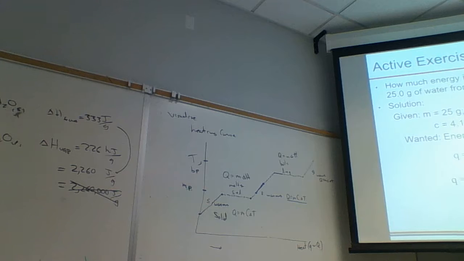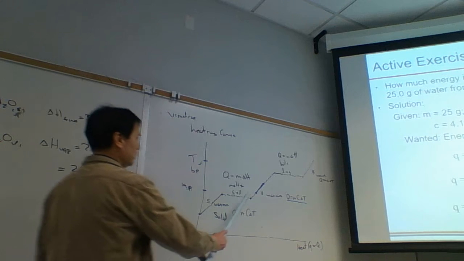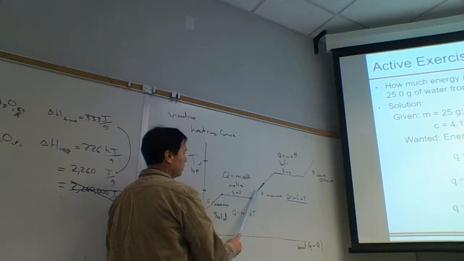Plugging in the numbers and looking at the units, all the units should cancel except for joules. And that gives us 4.18 kilojoules of energy. So starting here and ending here, 4.18 kilojoules.